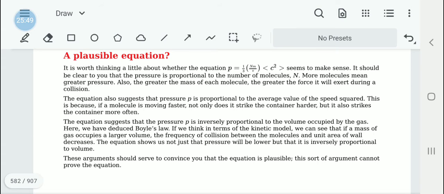As a result, that also increases the pressure. Then P is inversely proportional to the volume occupied by the gas.